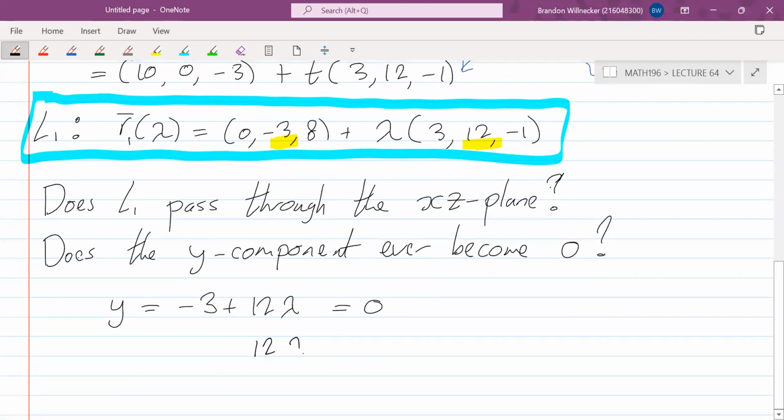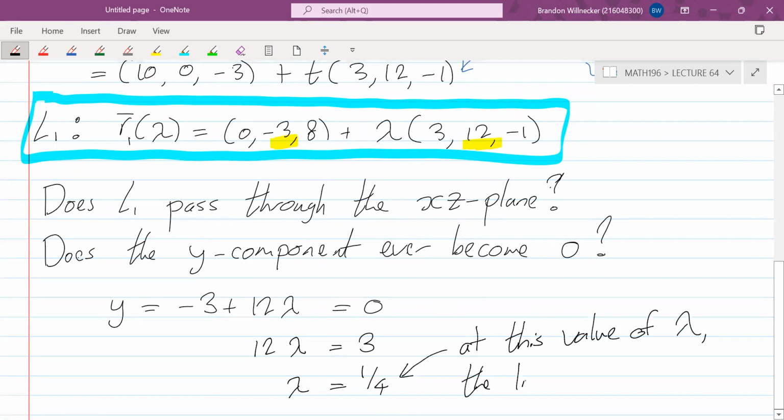So 12 lambda is equal to 3. Lambda is equal to 1/4. So at this value of lambda, the line will pass through the XZ plane.